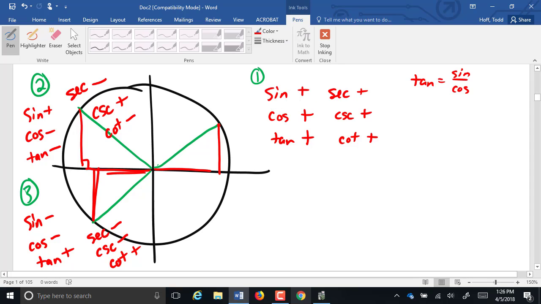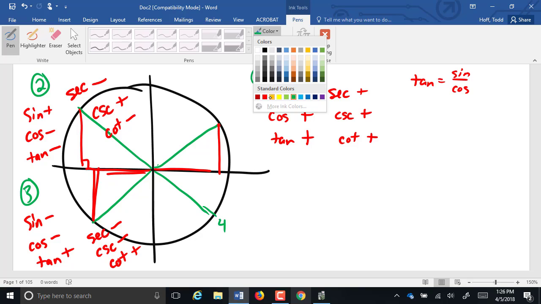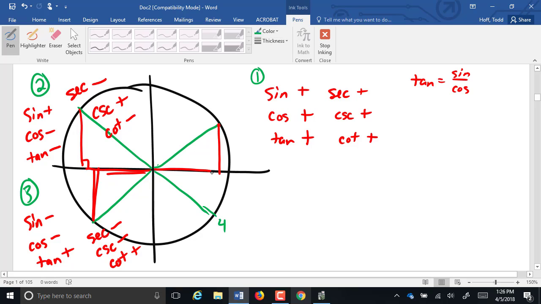And if our terminal side comes over here into quadrant 4, sine will be, that would be negative, right? Cosine is positive. So tangent, sine divided by cosine, negative divided by positive is a negative.